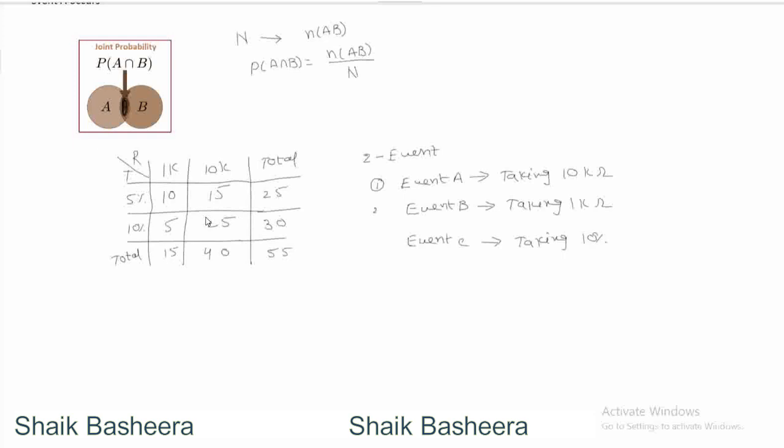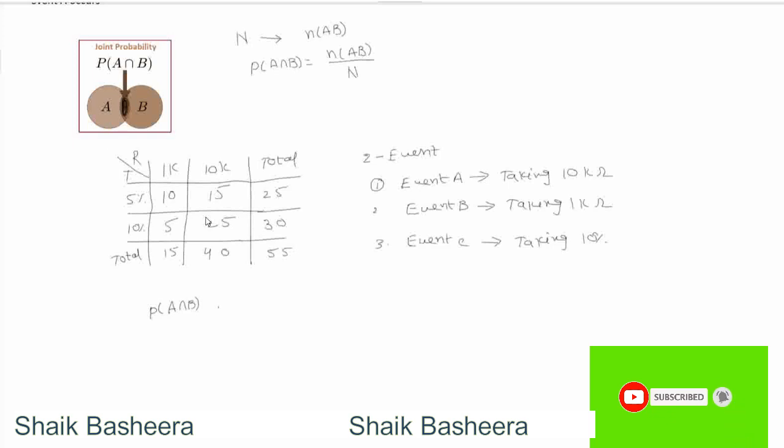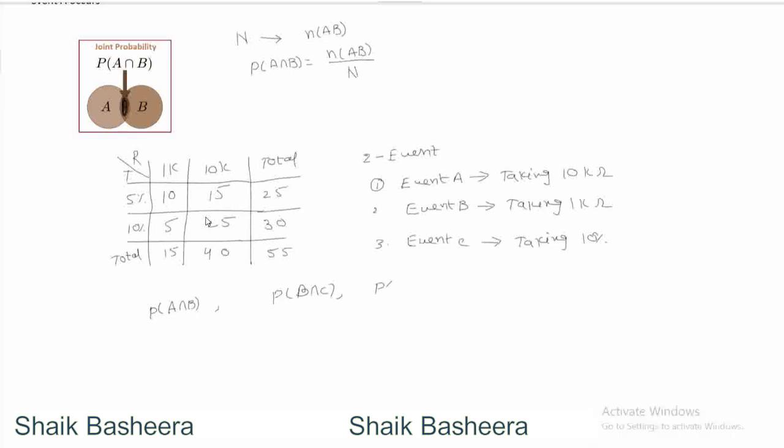Now we go for the joint probability of these events as probability of A intersection B, probability of B intersection C, and probability of A intersection C.